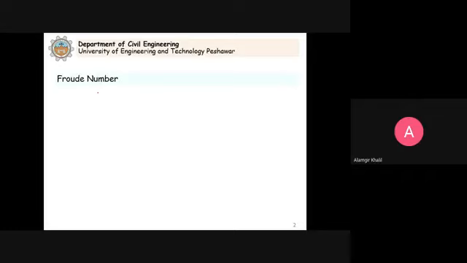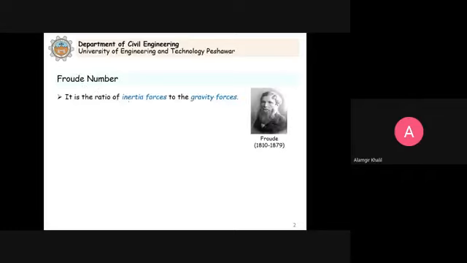So we continue our discussion with the Froude number. We already know that it is the ratio of inertia forces to the gravity forces, and it can be written in this form. These are numbers because they are the ratio of two similar quantities, so the units cancel out and we do not worry about the units.